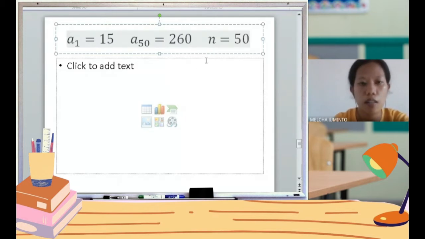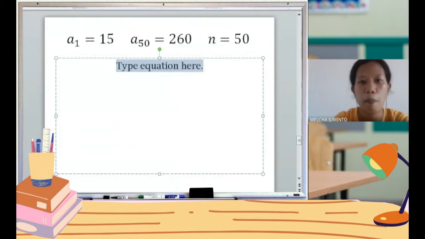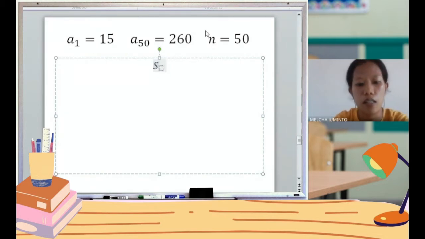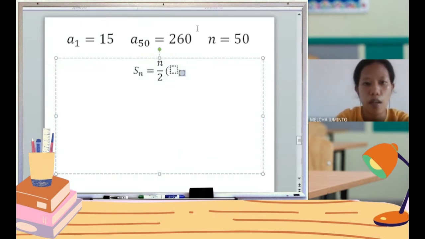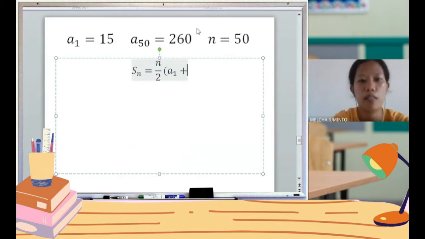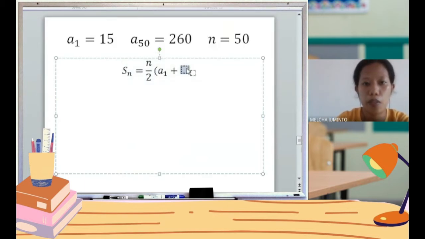Only these three things are needed in order to solve for the sum of all savings from week 1 to week 50. The formula states that the sum is equal to the quotient of n divided by 2, and then we need to add the first term plus the last term, which is a sub n.